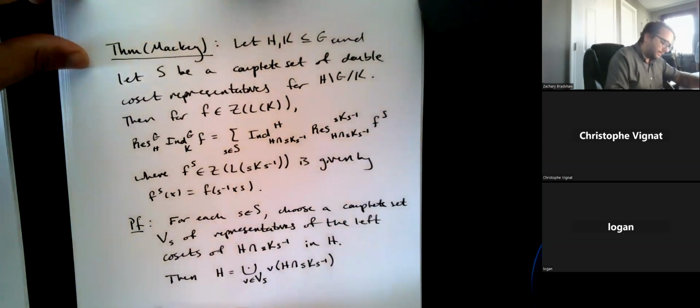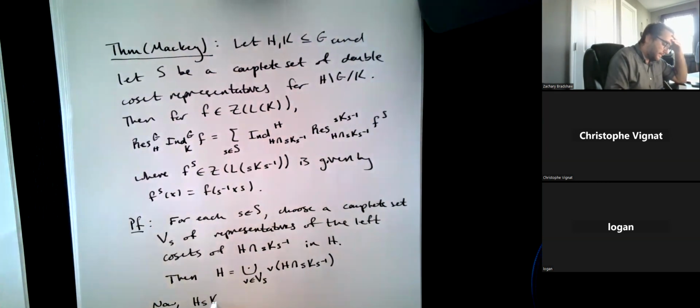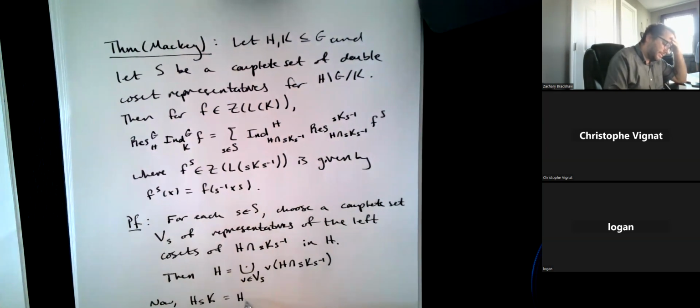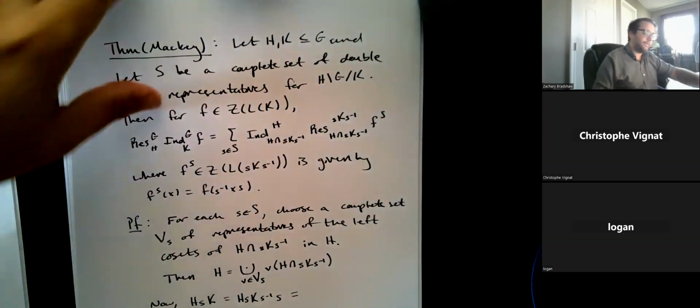Now HsK is, well, this is HsKs inverse s. I just inserted an s inverse s here.